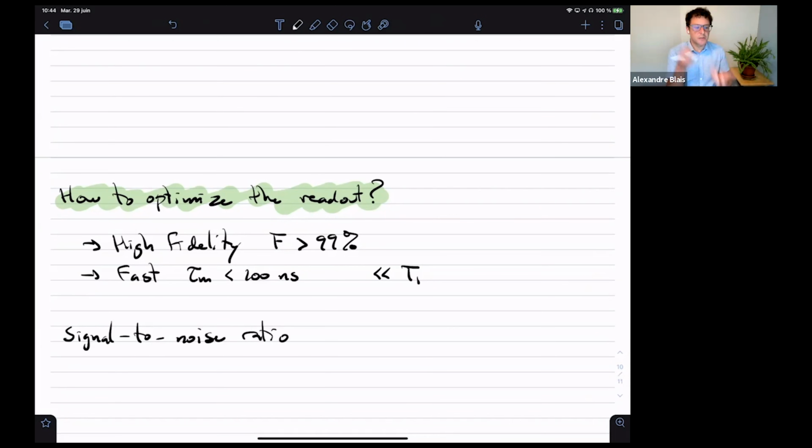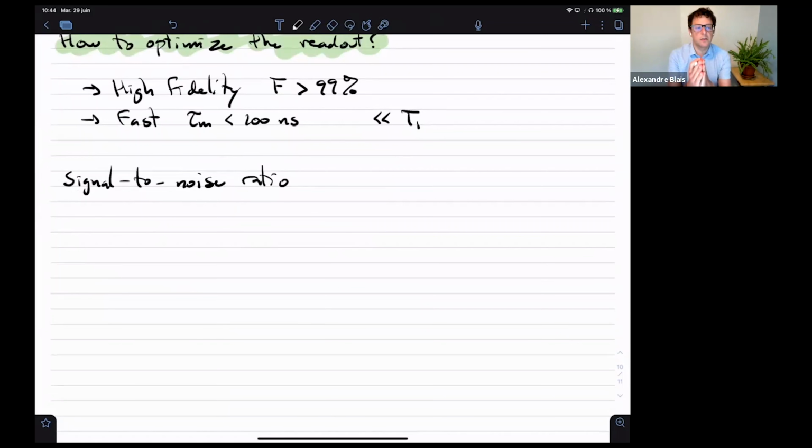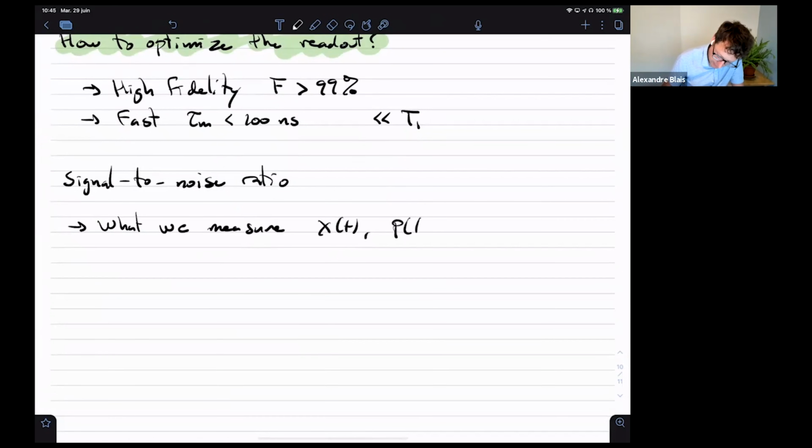So let me just formalize this a little bit more, but really we've already said the essential aspect. The key thing to remember here is what we are measuring are quadratures of the electromagnetic field, X or P.